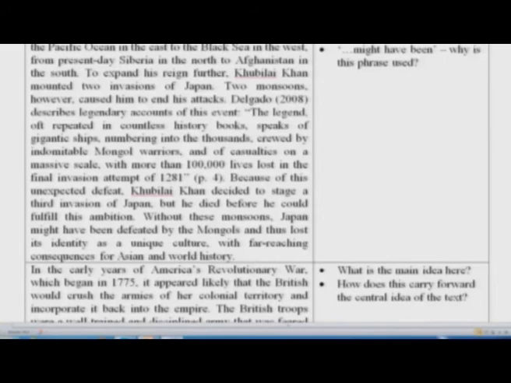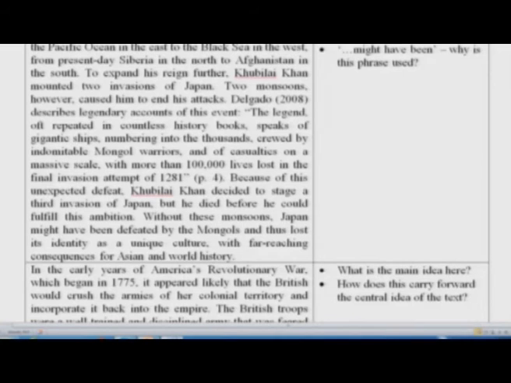Without these monsoons, Japan might have been defeated by the Mongols and thus lost its identity as a unique culture, with far-reaching consequences for Asian and world history. So, the question is, what is the main idea and how is this connected to the previous paragraph?